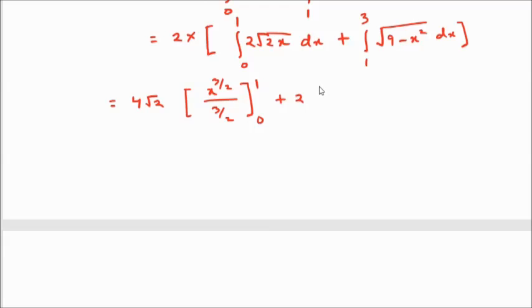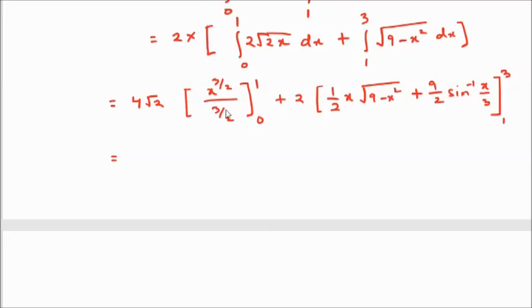This one I can write as x by 2 times root over 9 minus x square plus 3 square by 2, that is 9 by 2, sine inverse x by 3, from 1 to 3. If I put x equal to 1, then this will be 1.